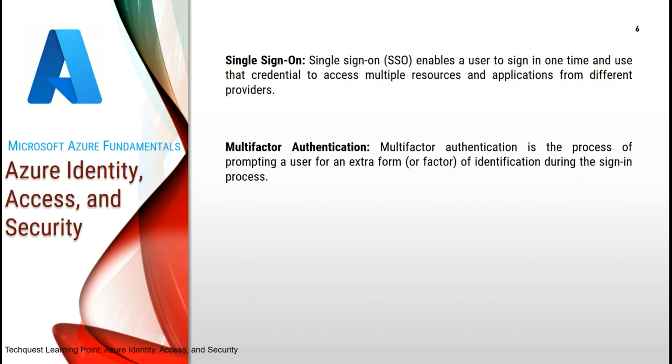Think about how you sign into websites, email, or online services. After entering your username and password, have you ever needed to enter a code that was sent to your phone? If so, you have used multi-factor authentication to sign in.